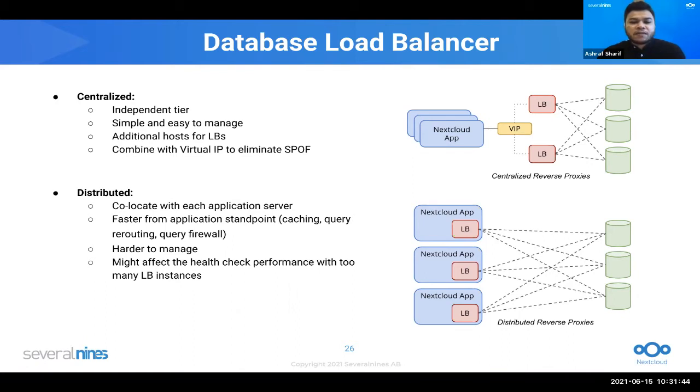However, the number of reverse proxies is equal to the number of application nodes, which means if you scale the application up, the number of proxies will be increasing as well, which would make the management more complex, and probably it could degrade the performance of the database health check service.